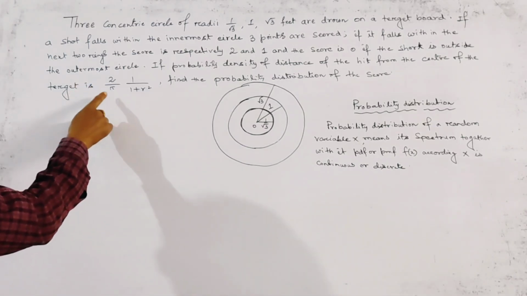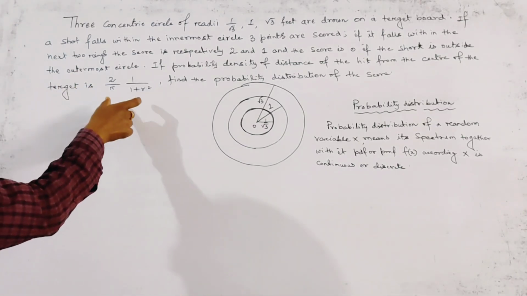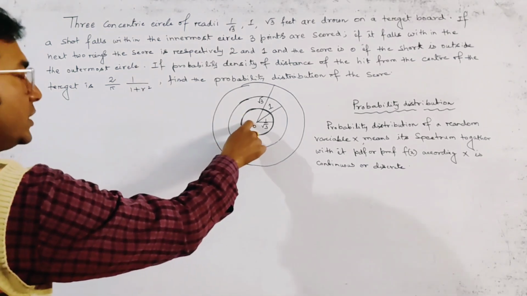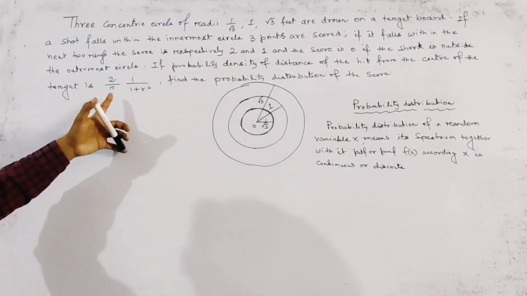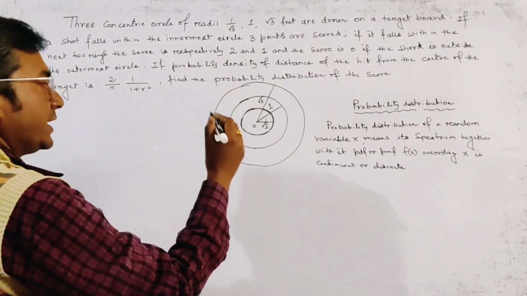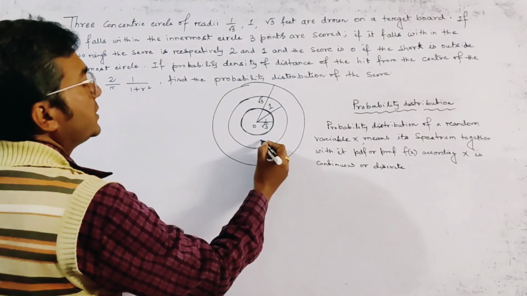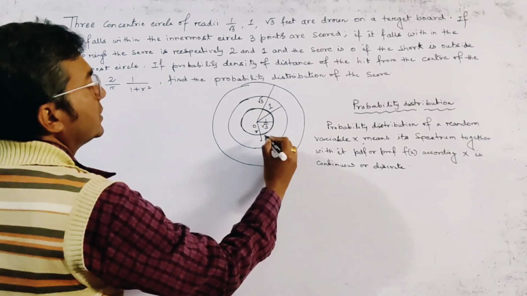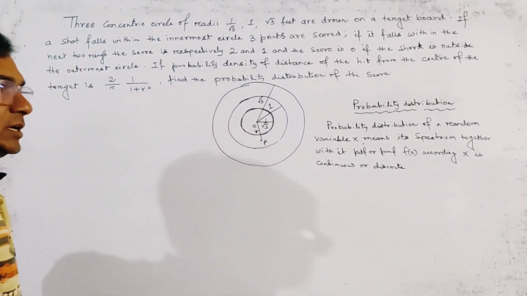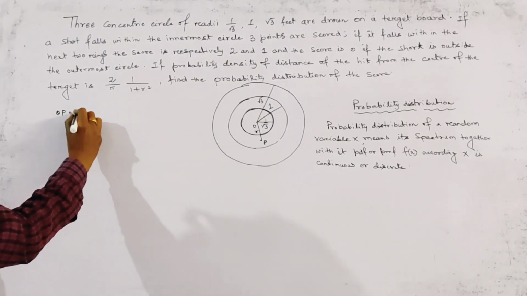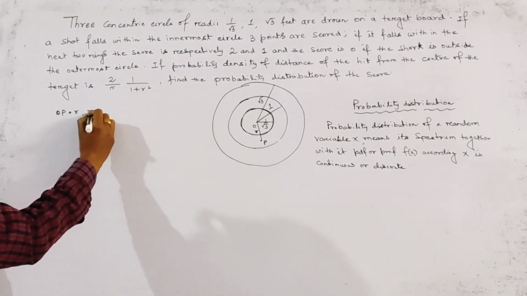Here the probability distribution of the distance from the center to the hitting point is given by this. If we hit at any point P, and OP is R, this is equal to R, and this is a random variable.